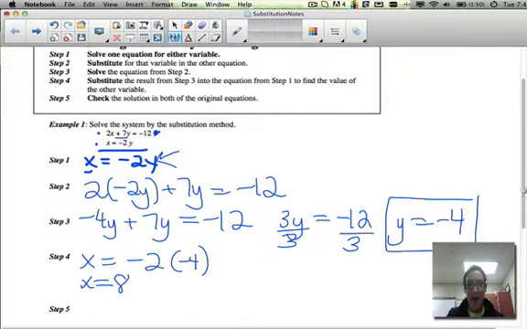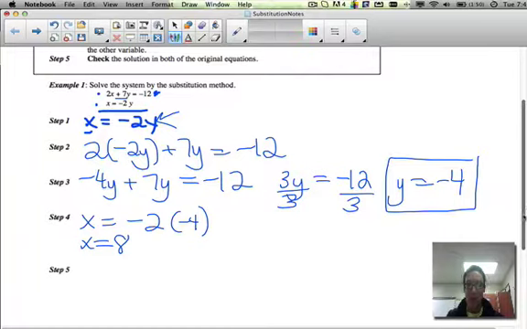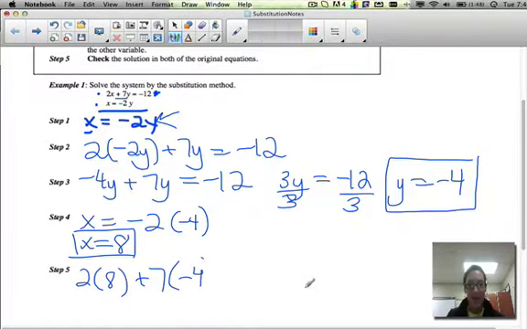And step 5 says check the solution. So what that means is I'm just going to plug in 8, negative 4 in for both of my problems to see if it works. 2 times 8 plus 7 times negative 4. Does it equal negative 12? Plug it in your calculator. Yes, it does.